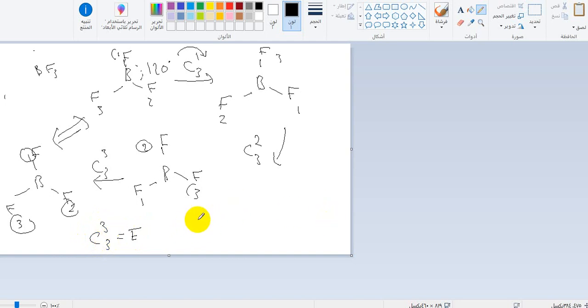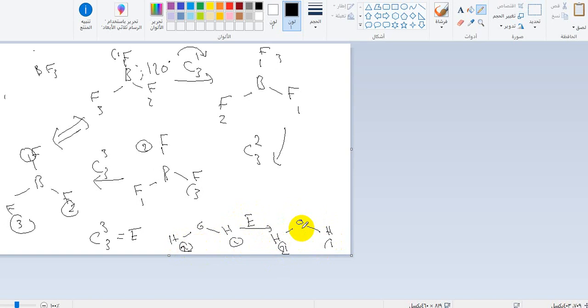Identity leaves any molecule unchanged. Like by identity, in water, H1, O, H2 remain 1 and 2 unchanged.